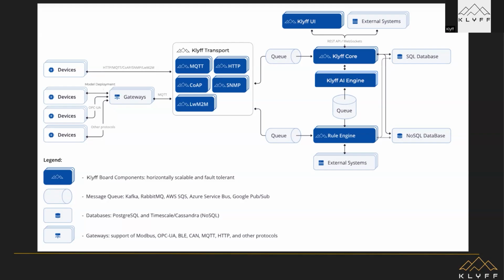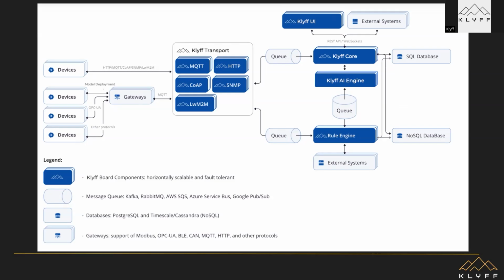These devices can connect through the transport to the core systems of Klyff, that are the Klyff core, the Klyff AI engine, the rule engine, and so on. Wherever you see a mountain sign against a component, that means these are horizontally scalable and fault tolerant. So you can horizontally scale them and make the system extensively scalable.